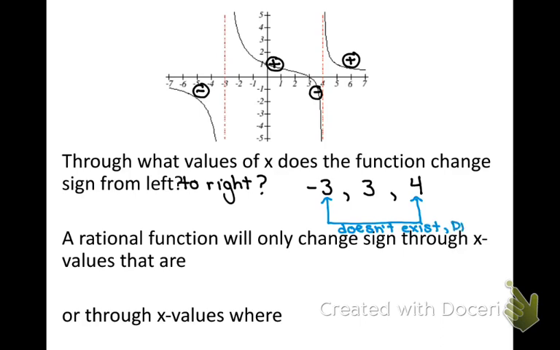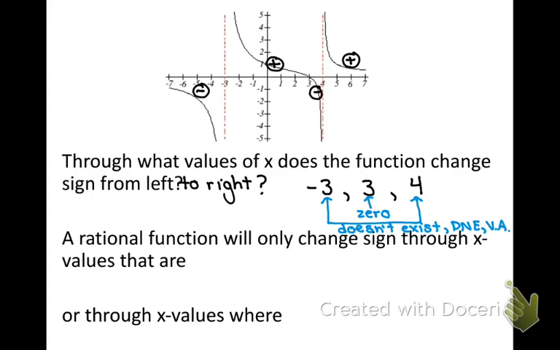So there was a vertical asymptote there. Whereas 3 made that list as an x value where my graph changed signs because it was a 0. It was where my graph touched that x-axis. So there's two different qualifications we have going on here.